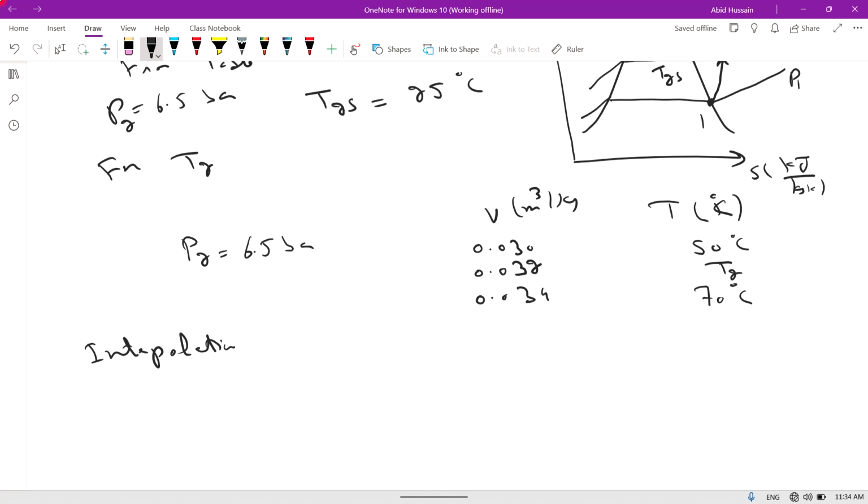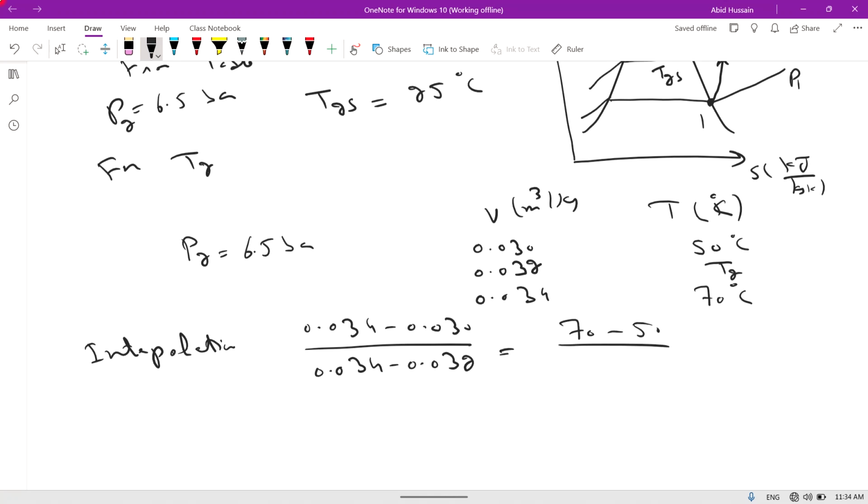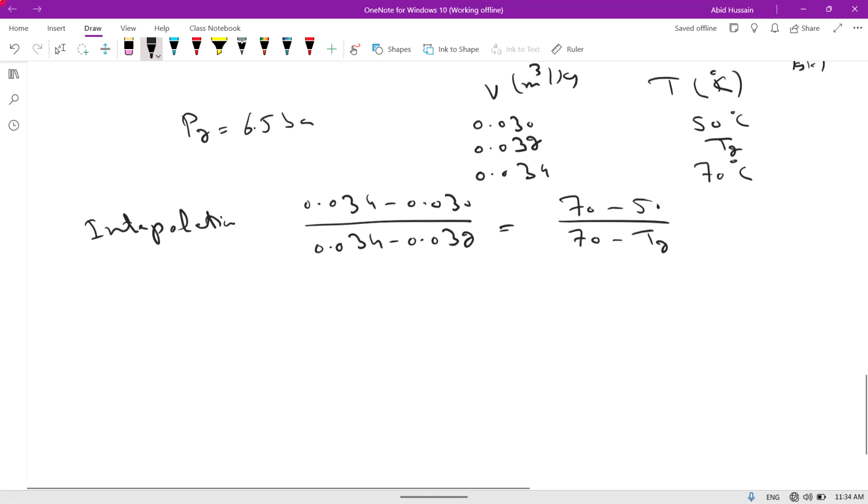Third minus first divided by third minus second is equal to 70 minus 50 divided by 70 minus T2. We already solved this; the answer is 2. So 2 is equal to 20 divided by 70 minus T2.